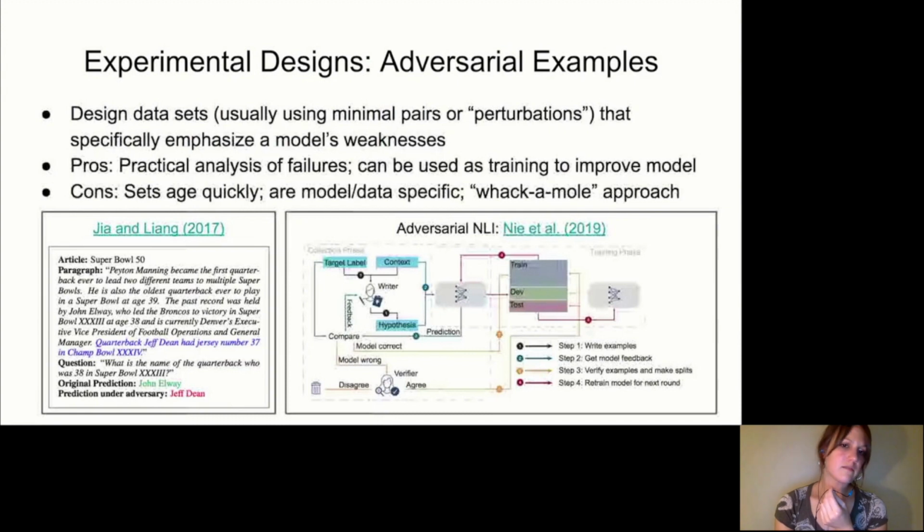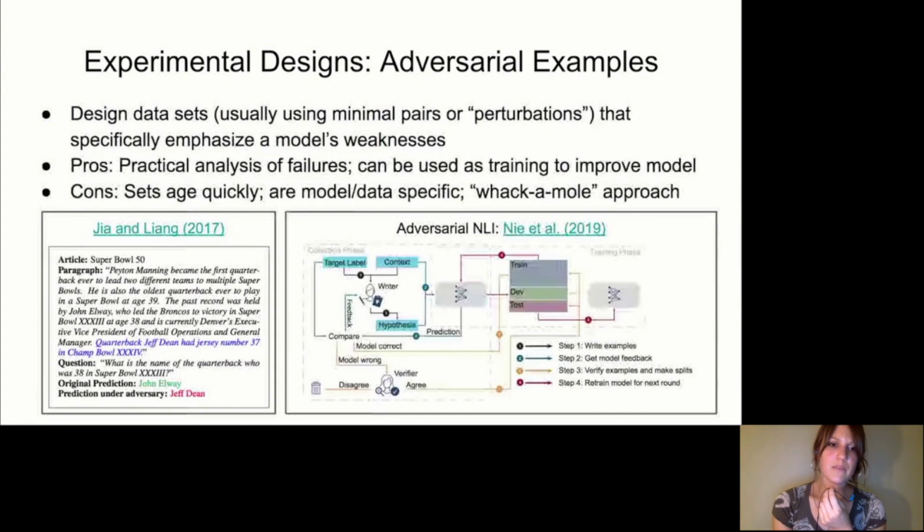But the con is, again, that it's highly model specific. So we don't really generate reusable test sets that will stand the test of time. They're very specific to the models we're dealing with right now, and so the data sets age very quickly. It also has what always feels to me like a, quote, whack-a-mole approach.